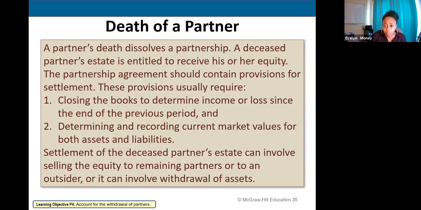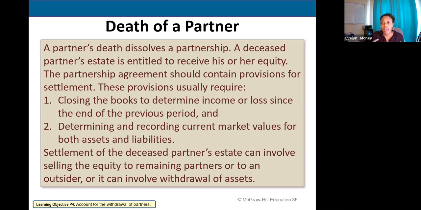So the books are closed, and we find the current market value of the assets and the liabilities. Sometimes the heirs of that partner will take over that partner's share of the business. Of course, the old partners have to agree to that, but even still, the partnership dissolves. It can be immediately reformed.